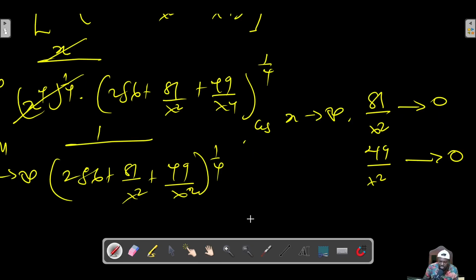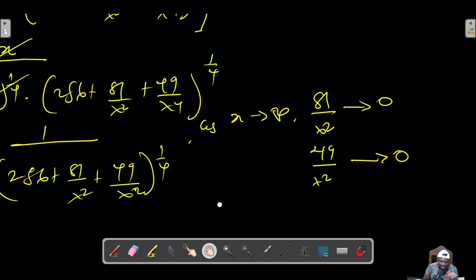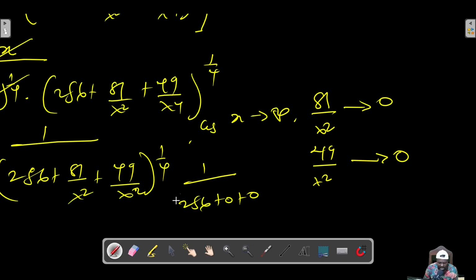So what then will be the limit value? My limit value will be, as x approaches infinity, 1 over (256 plus 0 plus 0) all raised to the power 1 over 4. Now, 256 raised to the power 1 over 4 is what?